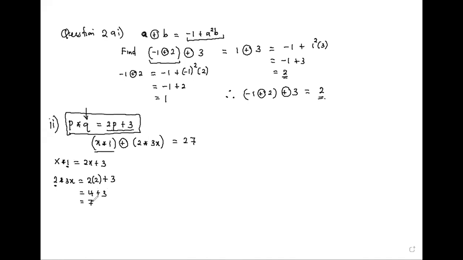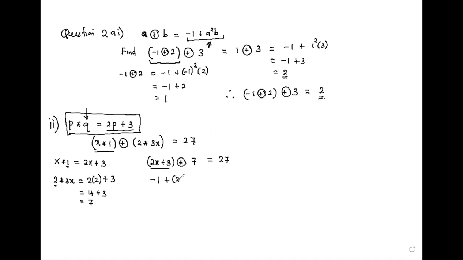Now we take this, where there is x star 1, we have 2x plus 3. Plus, where there's 2 star 3x, we have 7. Is equal to 27. But this plus is defined as -1. So you define it that -1 plus a squared, and this is our a.